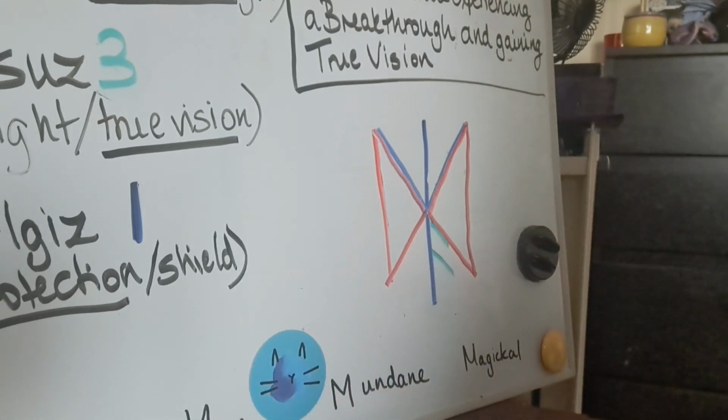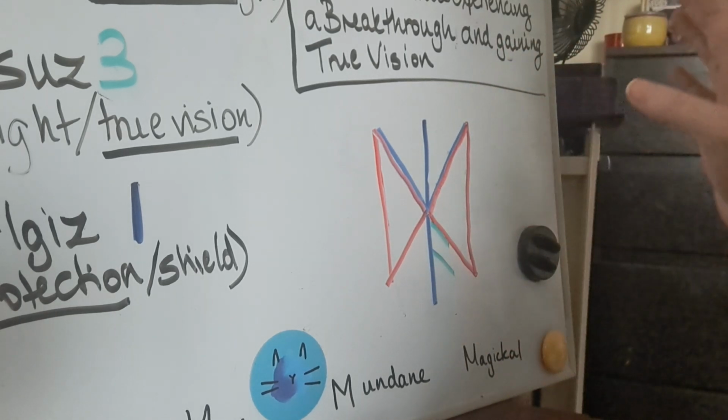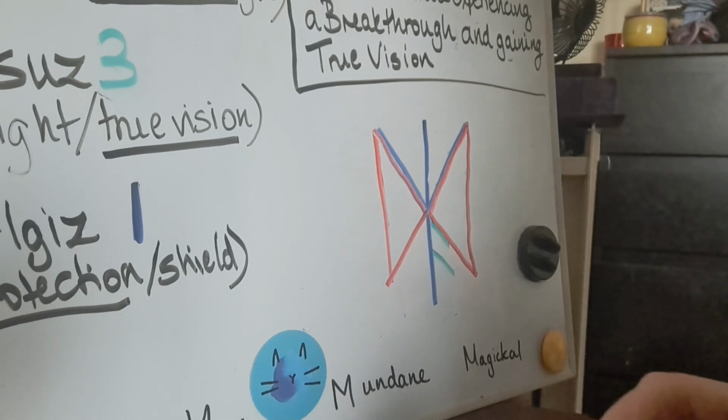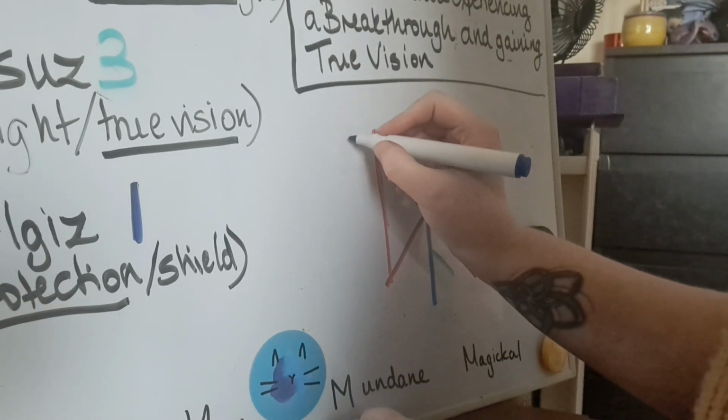I suddenly thought, my teachers used to use a whiteboard and it was really easy to draw things. So bear with me. I'm just going to repeat this. Come on.